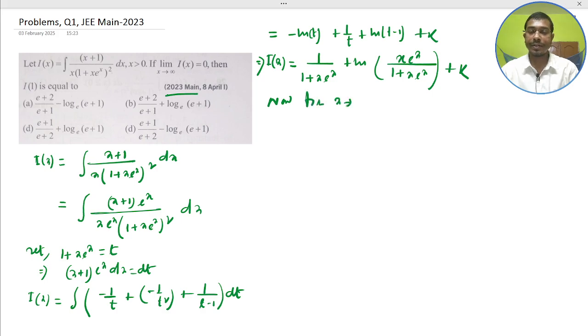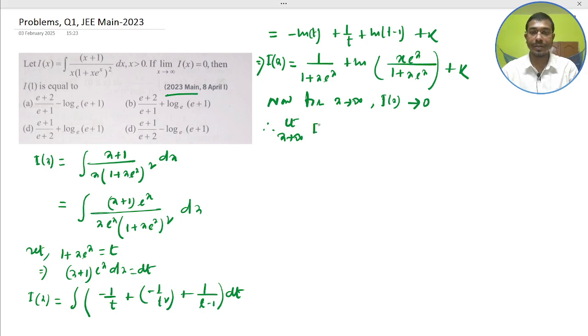Now for x tending to infinity, I should tend to 0. So taking the limit on both sides, the limit as x tends to infinity of I is equal to 0.